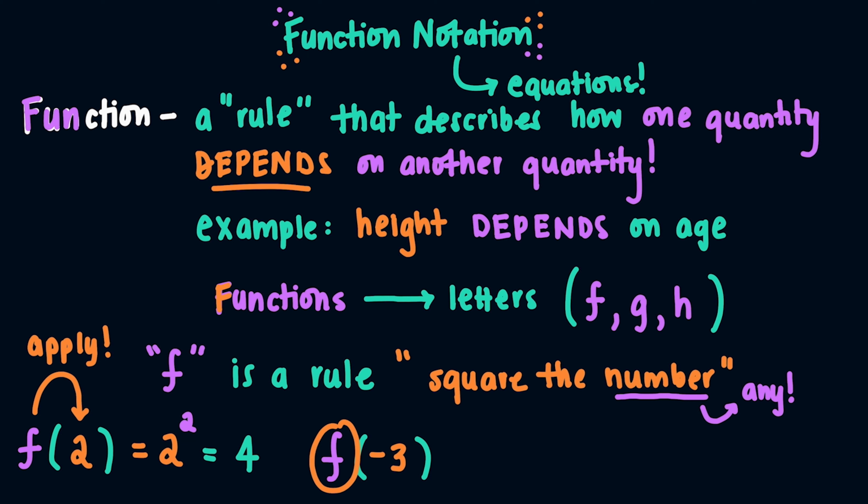We are taking our rule, f, and we are applying it to number -3. So, our rule said that whatever number it is, we got to square that number. So, we're going to take -3, and we're going to square it. -3 squared, this is -3 times -3, right? The square tells me how many of these I have. So -3 times -3 is a positive 9. Negative times negative is a positive.